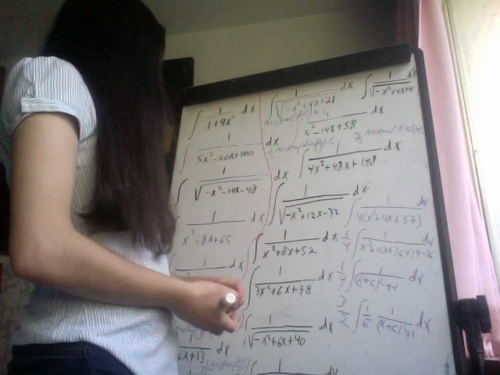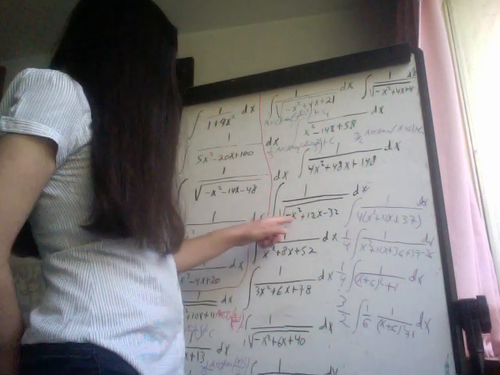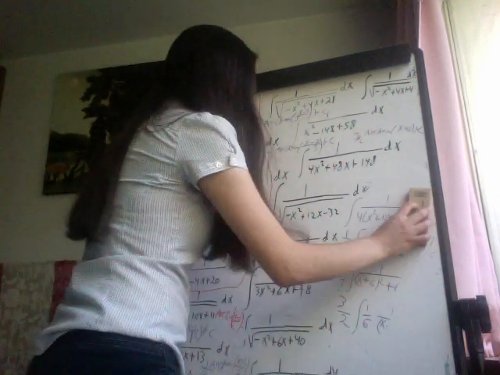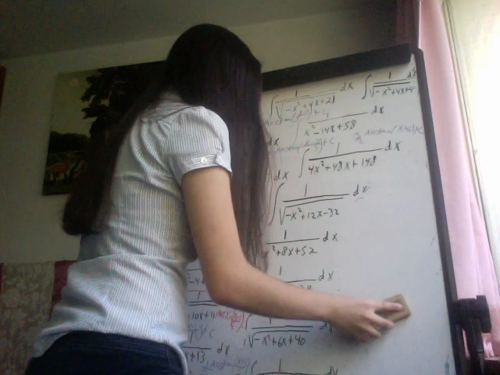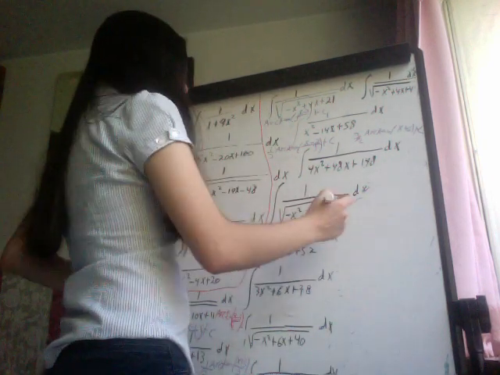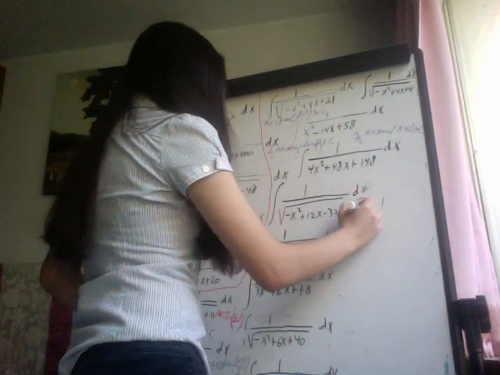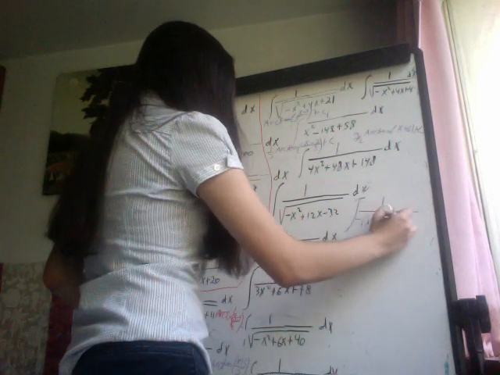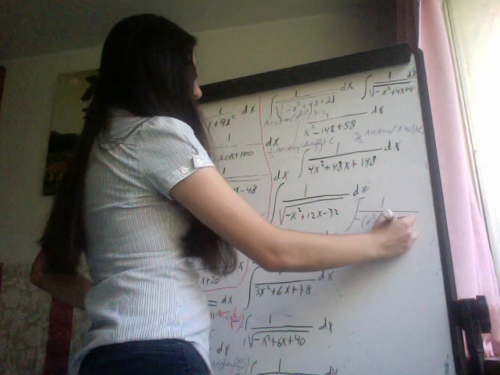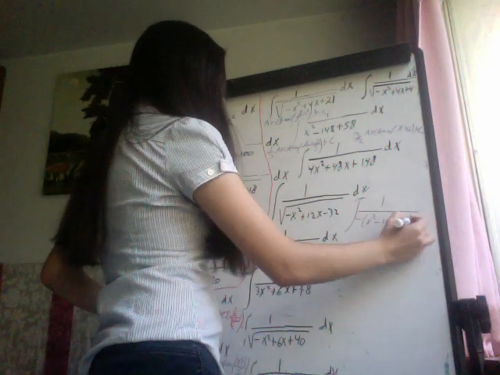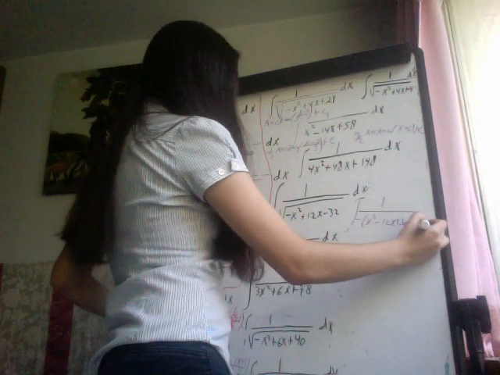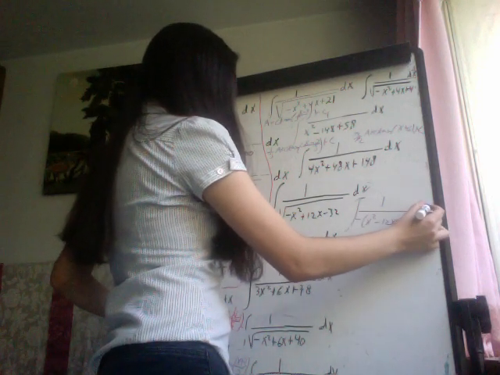Indefinite integral of 1 over the square root of negative x squared plus 12x minus 32. This will be the integral of 1 over the square root of minus x squared minus 12x plus 36 minus 32. Here I subtract 36, so I add 36, dx.